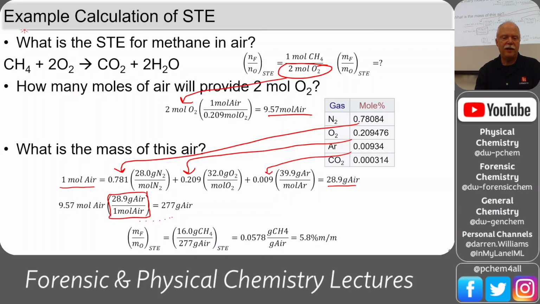So the mass of methane, that was 1 mole of CH4, is 16 grams. The air mass is on the bottom. And so we take this ratio and we end up with 0.05, so about 5.8% by mass of methane. That's the perfect mix.